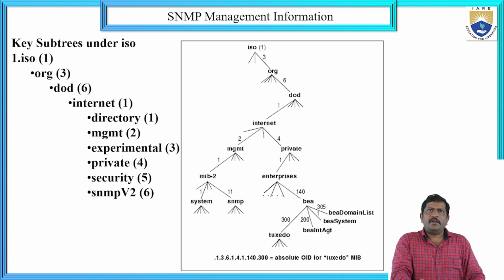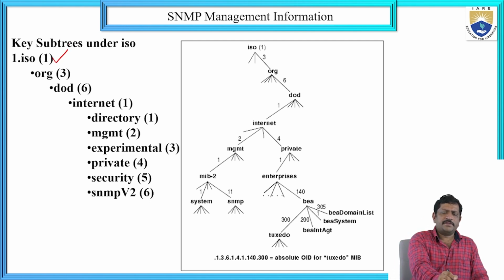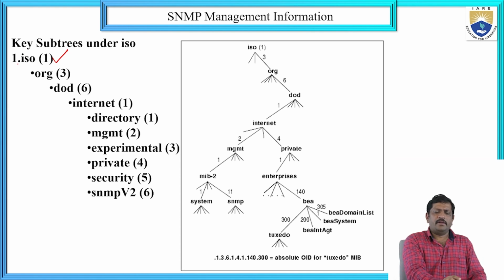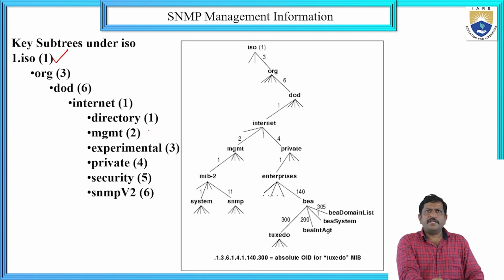Here we can see the key subtrees under this structure: ISO 1, .org 3, .dod 6, internet 1, directory 1, MGMT 2, experimental 3, private 4, security 5, SNMPv2 6. With the help of all these unique identifiers we can identify the objects we have stored in SNMPv2.